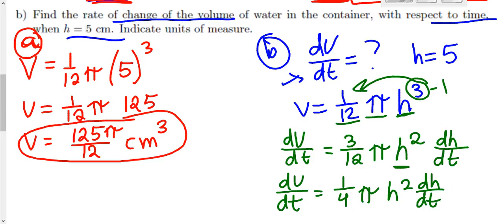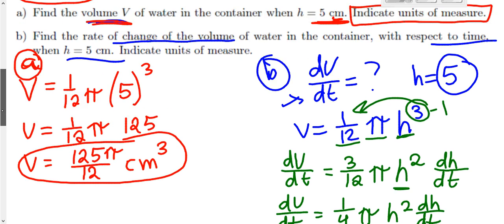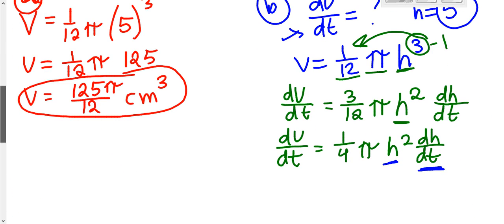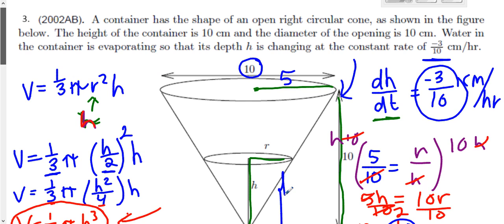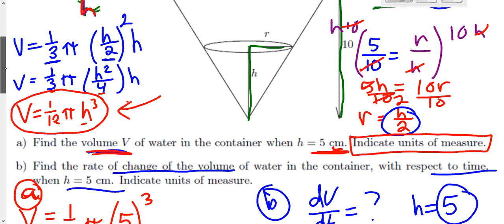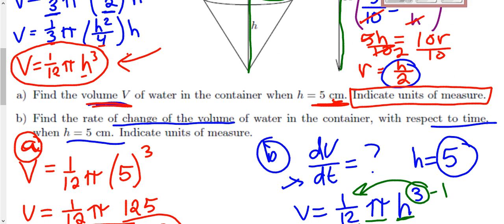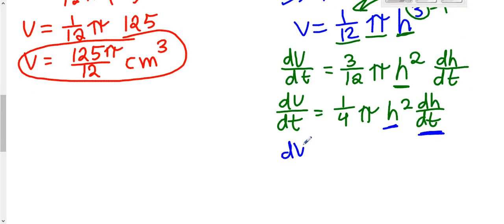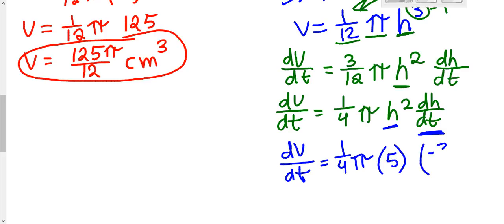To find dV/dt, we need h, and we need dh/dt. H they gave us as 5, and if we go back up to the top, they gave us dh/dt, which is negative 3 over 10. So let's plug all this in and get our answer. So dV/dt is 1/4 pi. Height is 5, they told us. And earlier they told us dh/dt is negative 3 over 10.